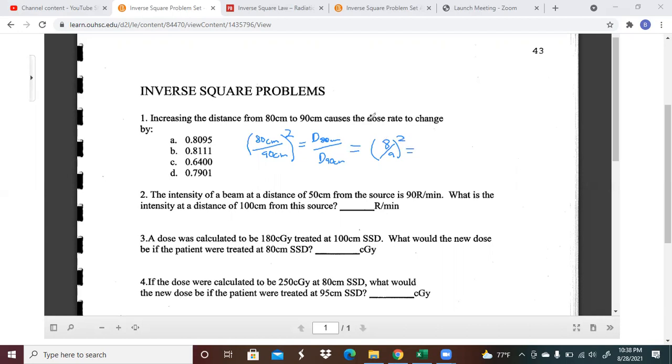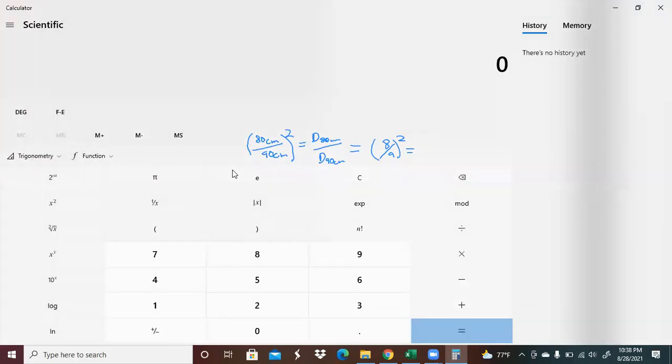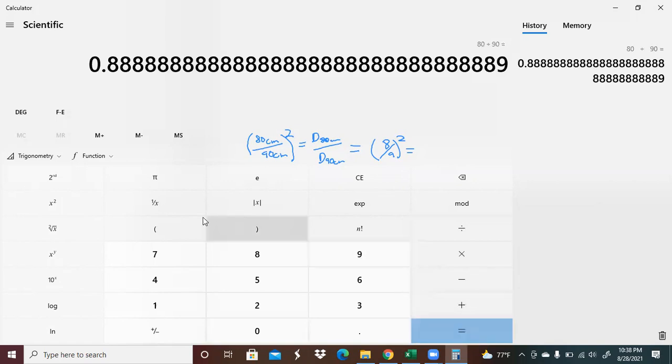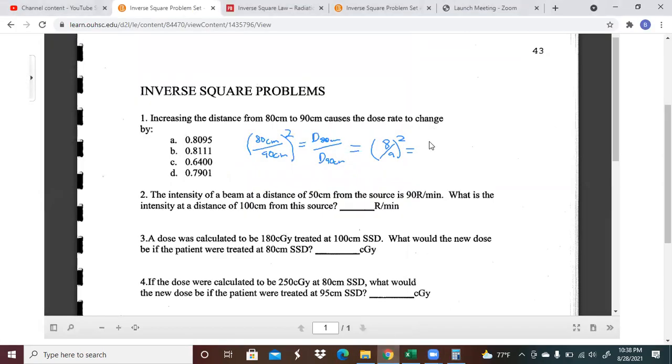And if you multiply that out, which I don't have my calculator running here, you can see that this ends up being something close to 0.7901.